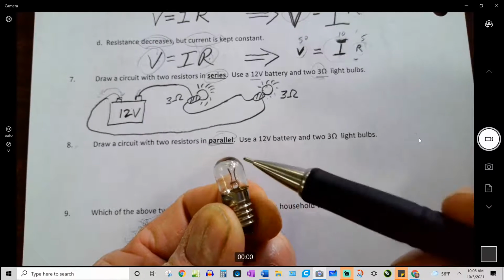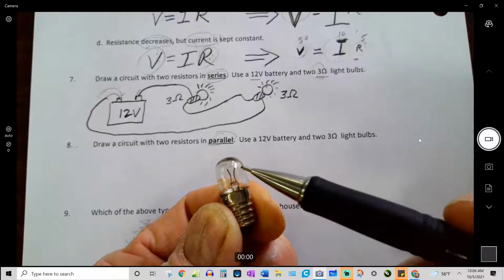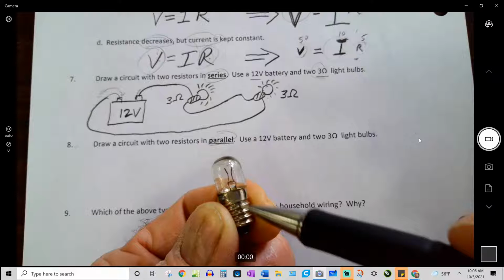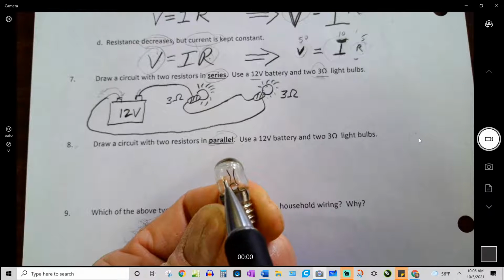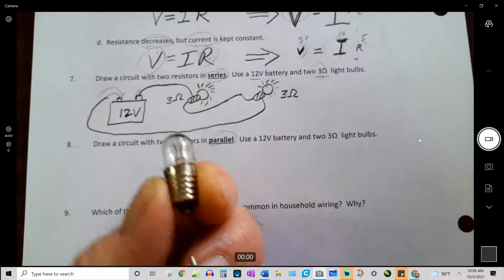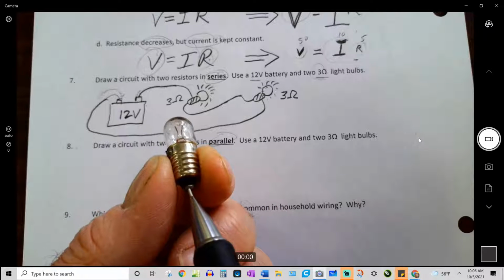Can you see the little tiny filament in there? There's a filament. Yep. So the electricity goes in through this metal, goes up the left side of this wire, goes through the filament, and then back down, and then comes out this tip right here.